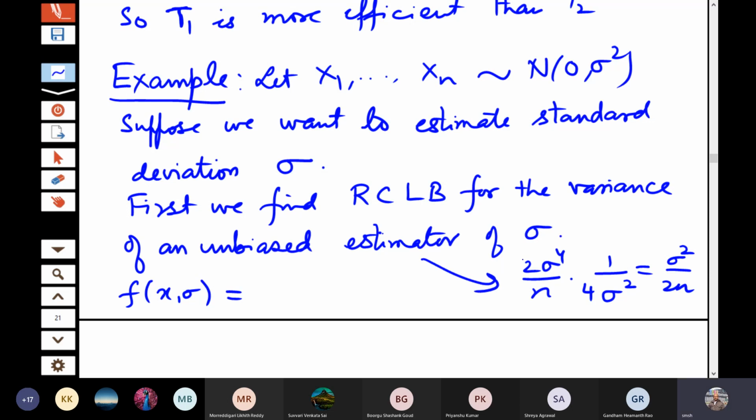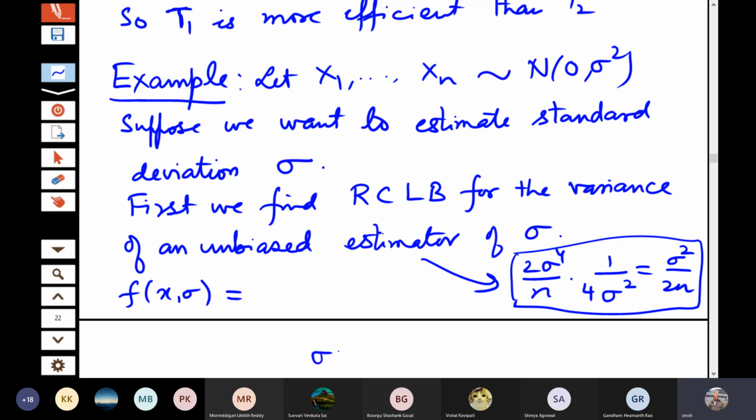How many of you understand this calculation here, which I have written in an abbreviated form? Do you follow this calculation? Yes, sir. I calculated for sigma square in the last class, that was 2 sigma to the power 4 by n.